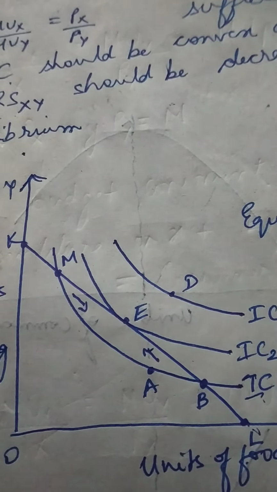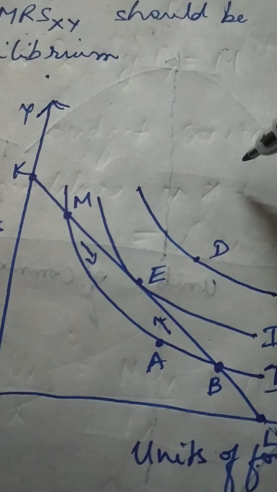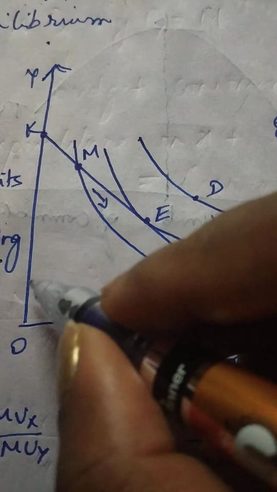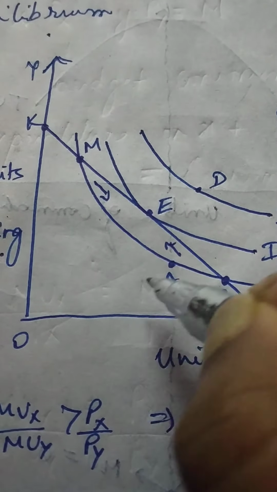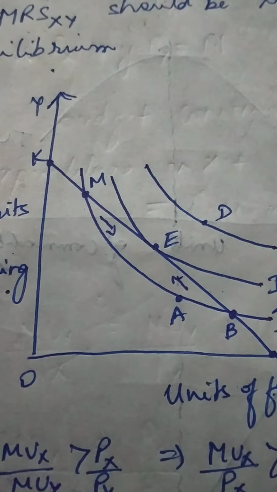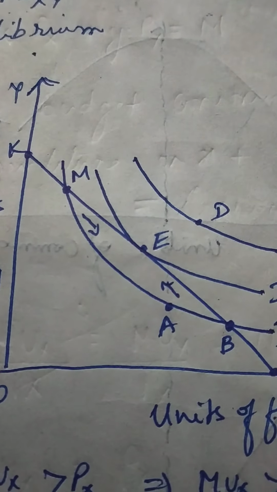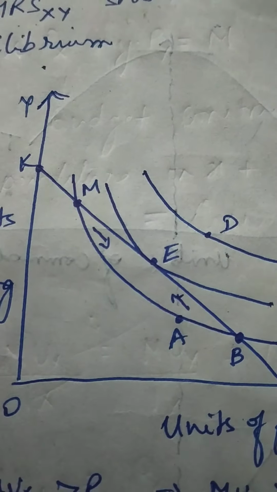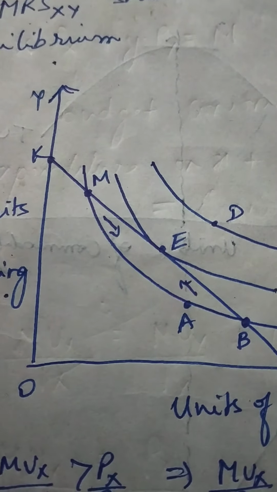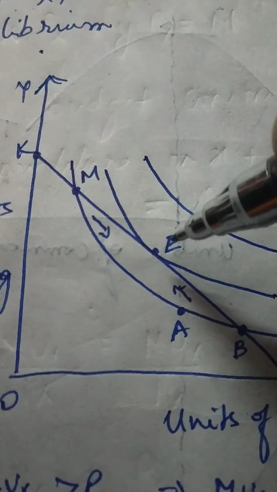We also have discussed earlier that beyond the budget line, it is unattainable or non-feasible. The consumer can at the most attain any commodity bundles inside the budget line or on the budget line. But his money income is given and he has to use the entire money income on the consumption of X and Y. That is why the equilibrium point must be on the budget line.